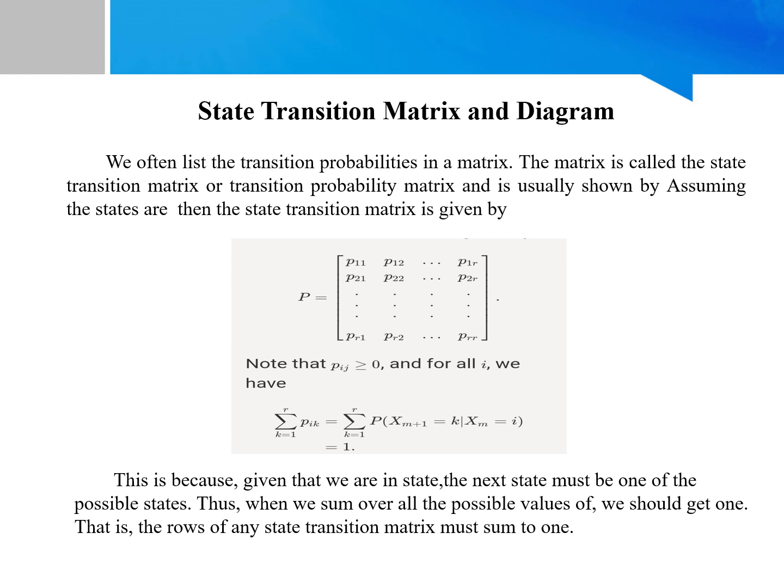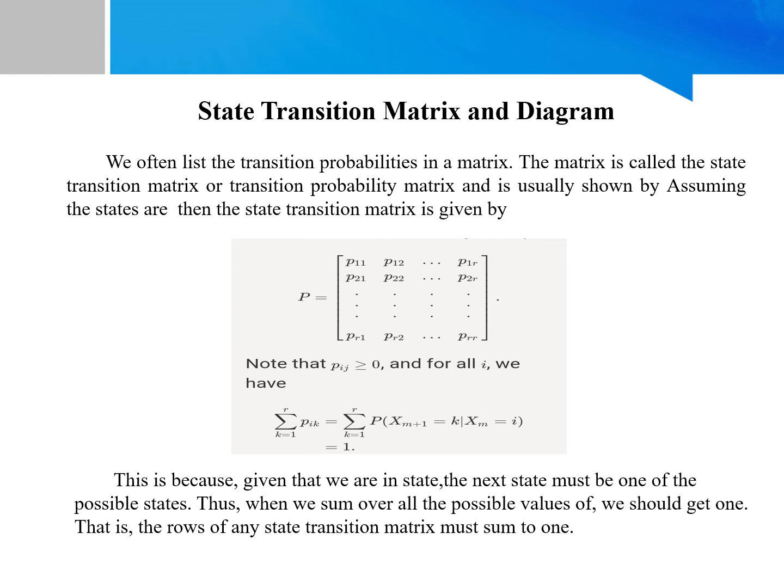We often list the transition probabilities. P11 is the probability of transition from state 1 to state 1, and P12 is the probability of transition from state 1 to state 2. This matrix is called the state transition matrix or transition probability matrix.